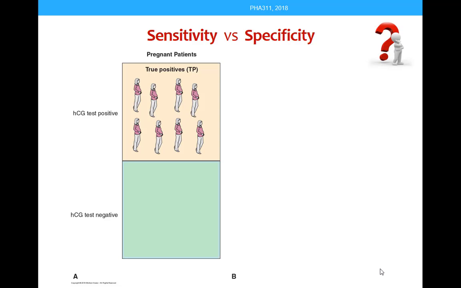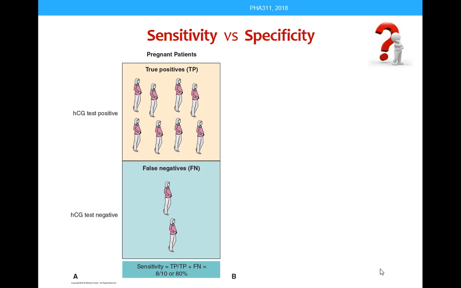There is another possibility. The patient is pregnant, but the test comes negative. This is now a false negative result. In order to calculate the sensitivity of this test, you take the true positives and divide them by the total number of patients who were pregnant.